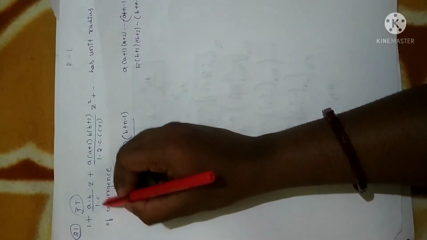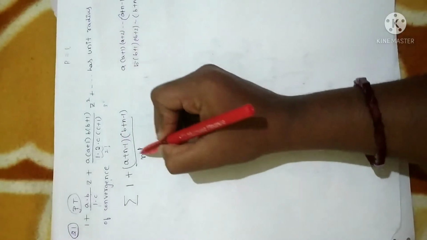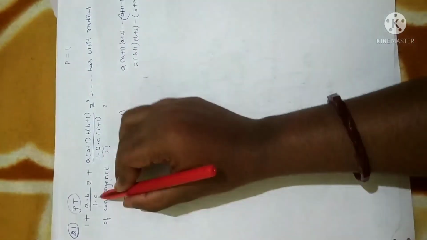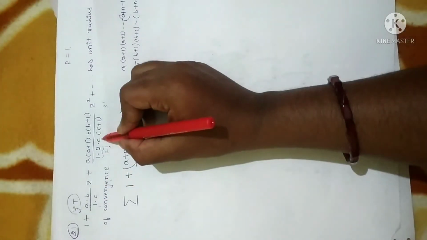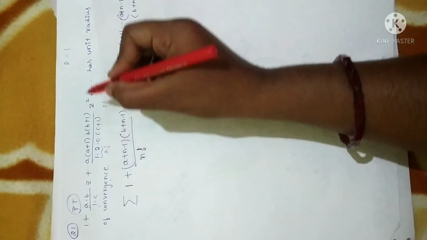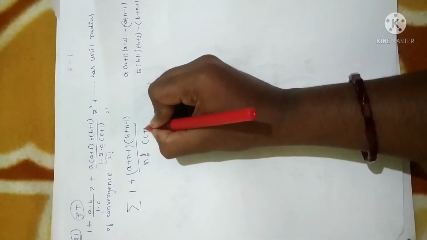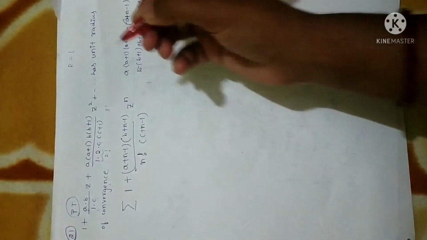See here in the first term 1, in the second term it is 2 factorial, in the third term you will get 3 factorial. So likewise if you write it for the nth term you will get n factorial. In the c term, that is in the second term you have c, next c into c plus 1, next c into c plus 1, c plus 2. So if you continue you will get c plus n minus 1. So I have written the nth term with z power of n.